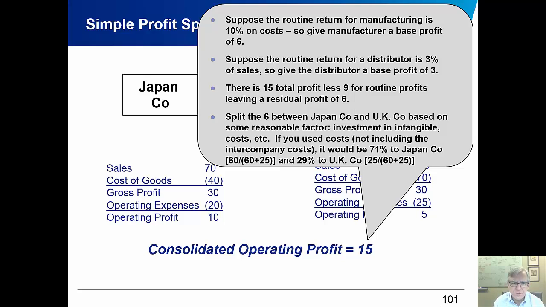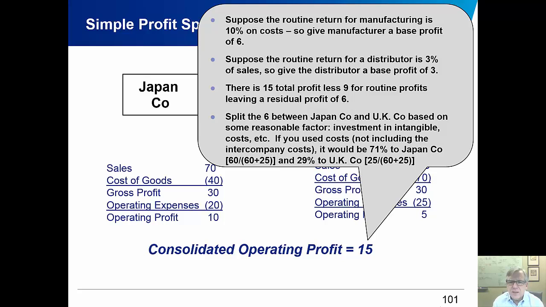That's the 40 of cost of goods sold and the operating expense of 20. Those are out-of-pocket costs to Japan Co. And UK Co., we're going to look at their operating expenses, which are 25. Their cost of goods sold, well, that's just internal to the company. It's essentially what they paid Japan Co. for doing their manufacturing phase.